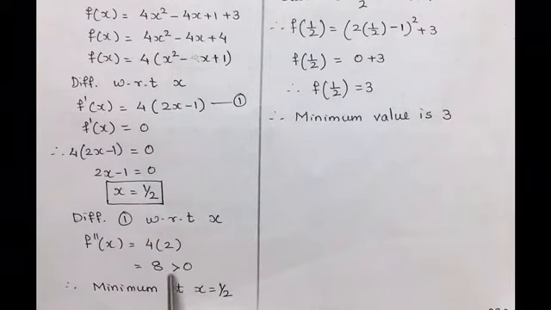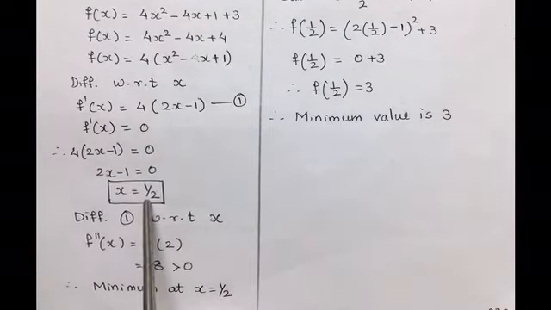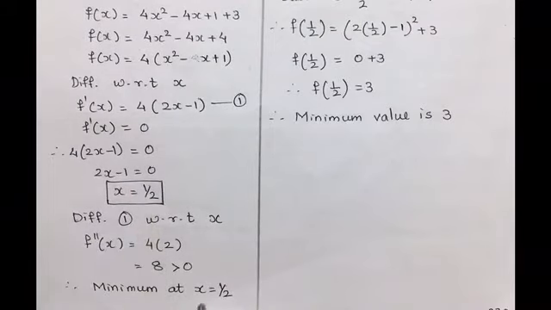Now as 8 is positive, that is greater than 0, f is minimum at x equal to half. So at this point where we have calculated x as half, the function f is minimum.